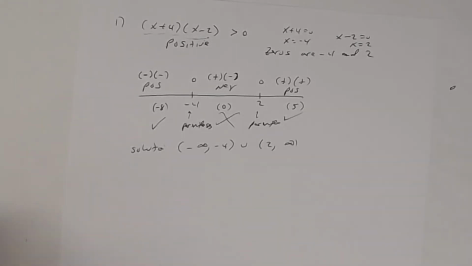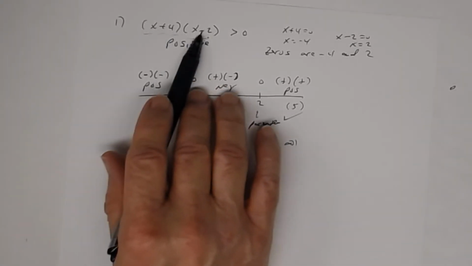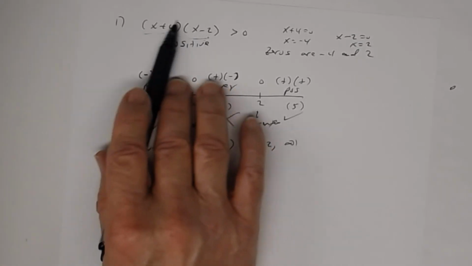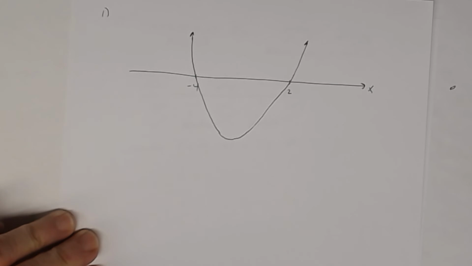Now before I go on, I just want to show you this. So at some point in a couple of weeks, you're going to be graphing quadratic equations. And I want to show you that if you look at the graph of this quadratic equation here, it looks like this.